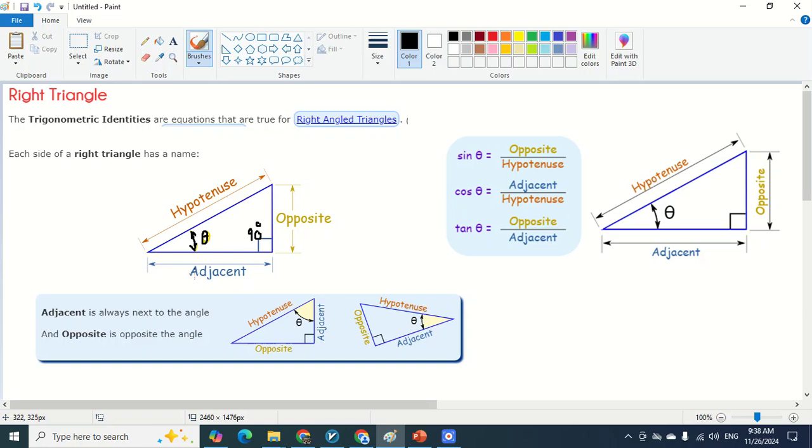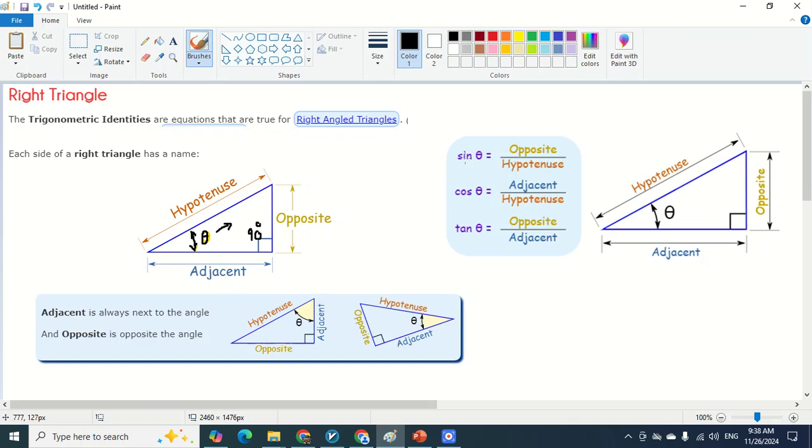Adjacent is the side that is close to that angle, and the opposite is the side that is in front of theta. We also have the hypotenuse, the biggest side of that right triangle. If we have this type of right triangle, then we define the trigonometric values sine theta, cosine theta, and tangent theta as follows.